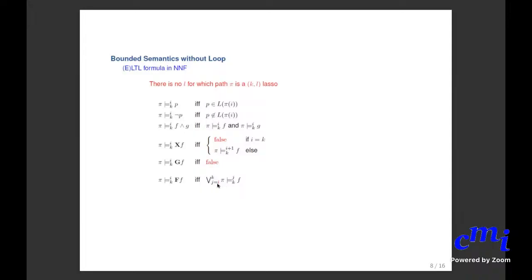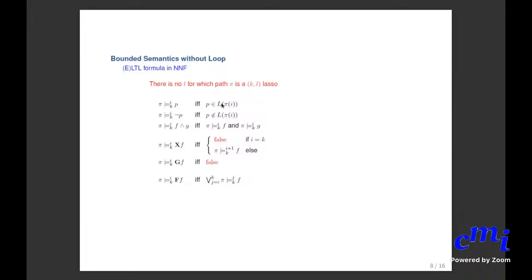That's why I'm taking a disjunction of those formulas. If it is true for any one of them, then of course you can conclude. But if it is not true for any of them, then this will return false, because in that case you cannot conclude anything about the infinite path pi, whether eventually f holds, that is, if there is a point at which f holds true.